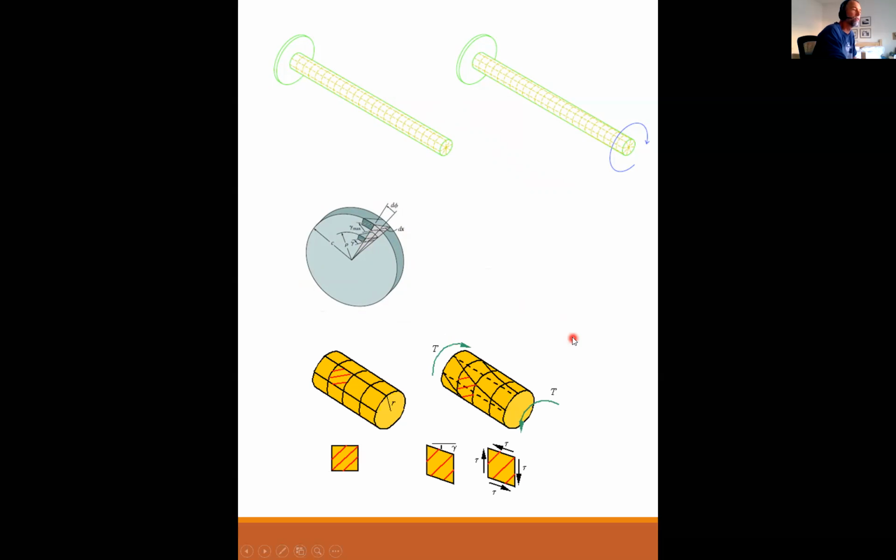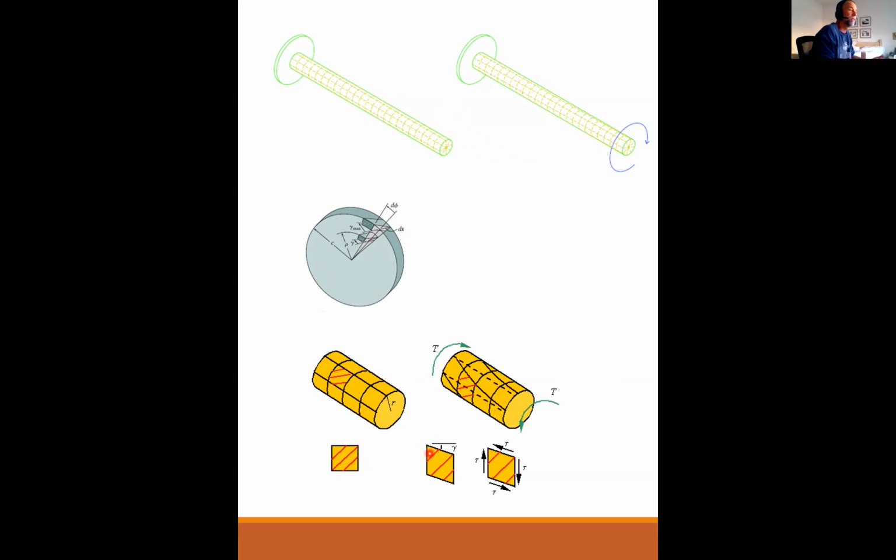I found some other illustrations that demonstrate this. Before the twist, this panel right here is square. But after the twist, this panel has warped, so it's not square anymore. It's this warping that looks a lot like our shear strains, right?